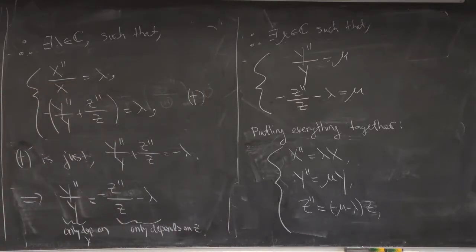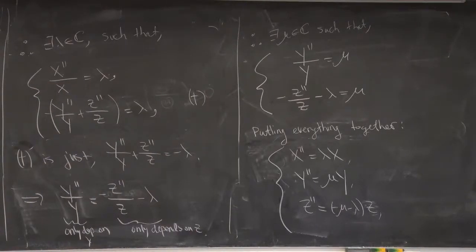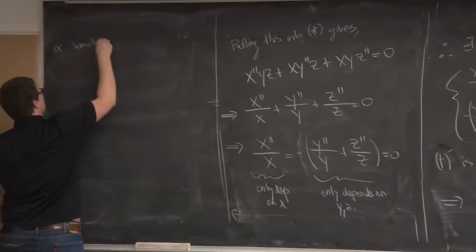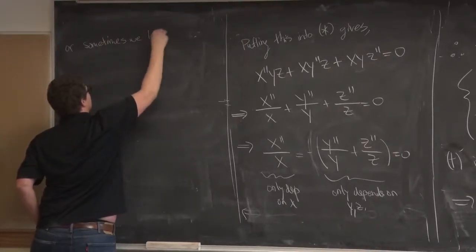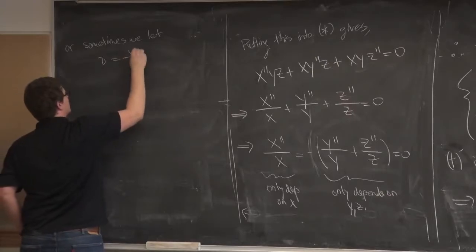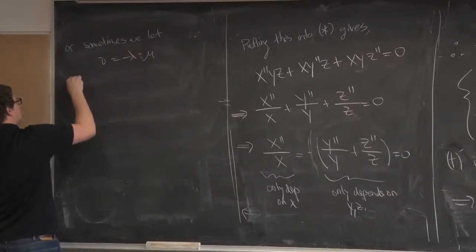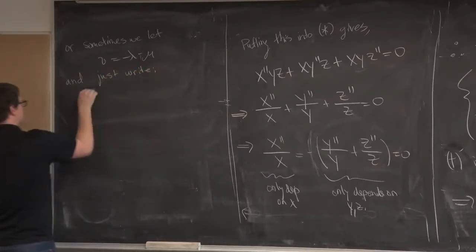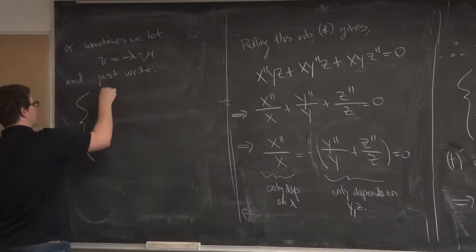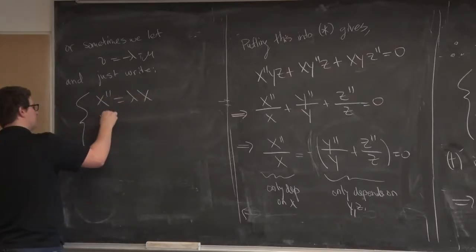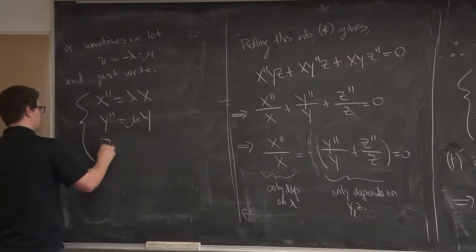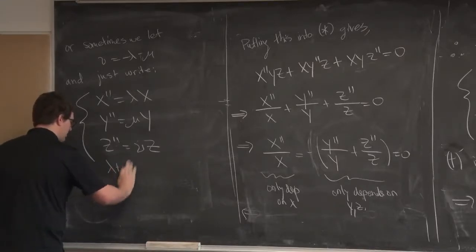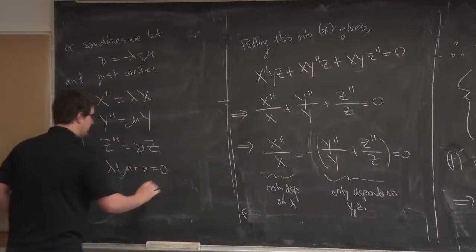Or sometimes we write it as, nu, so we have x prime prime is equal to lambda x, nu z, lambda plus mu plus nu is equal to 0.